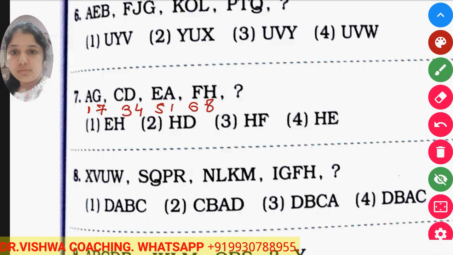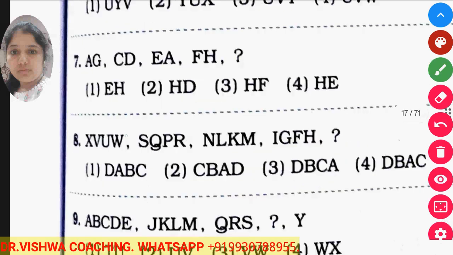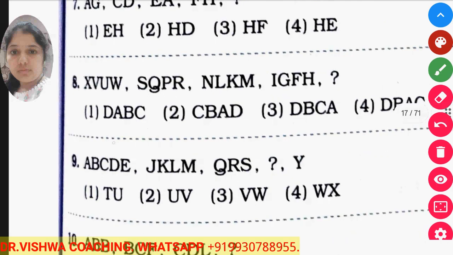Now if you look carefully, 17 1 is 17, 17 2 is 34, 17 3 is 51, 17 4 is 68, 17 5 is 85. Now which pair shows the numbering as 8 and 5? So you can find that H and E. H belongs to number 8, E belongs to number 5. So HE is the correct option, which is there in the alphabet series, the next letter.